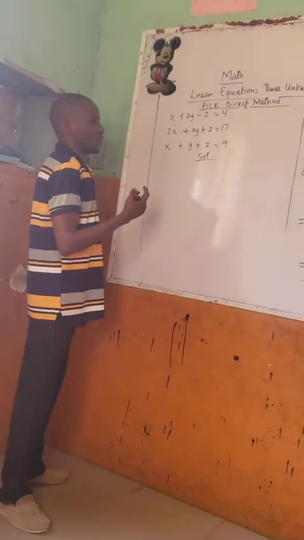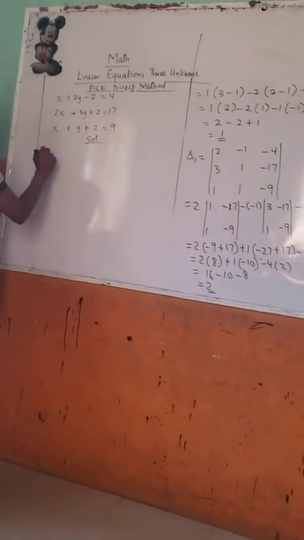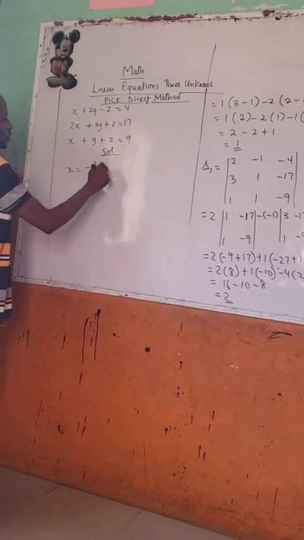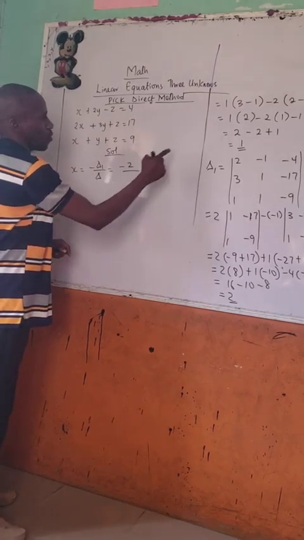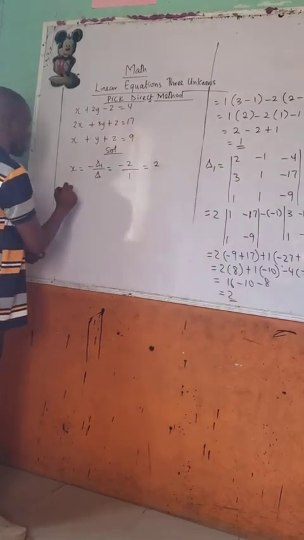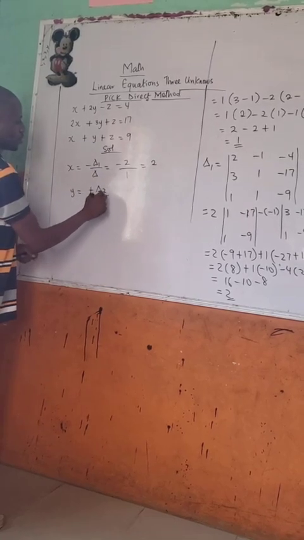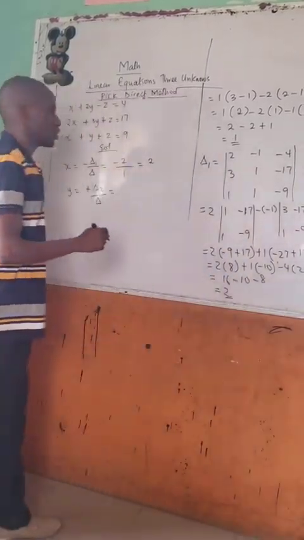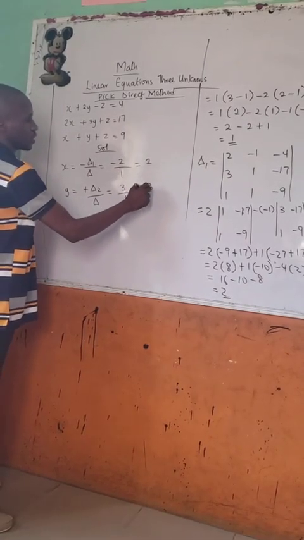We want to get the value of X, Y, and Z. Now X is negative, change 1 over delta. So what's our delta 1? Delta 1 is minus 2 over our delta, which is 1, that gives us 2. Now we have our Y. Y is plus delta 2 over delta. Our delta 2 is 3 over delta. Our delta is 1. That gives us 3.